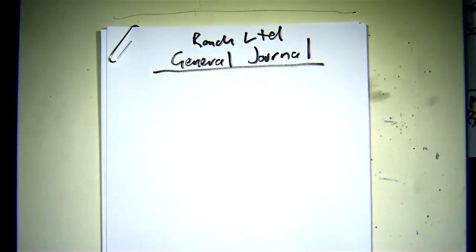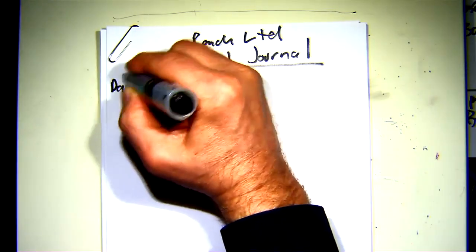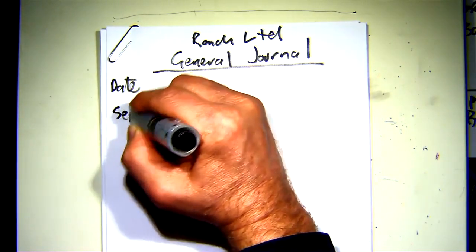We might see later on the course, or you'll see in later courses, we have special journals for certain transactions, but it's probably going outside our course, so we'll call it a general journal. So we've got a date, September the 1st.